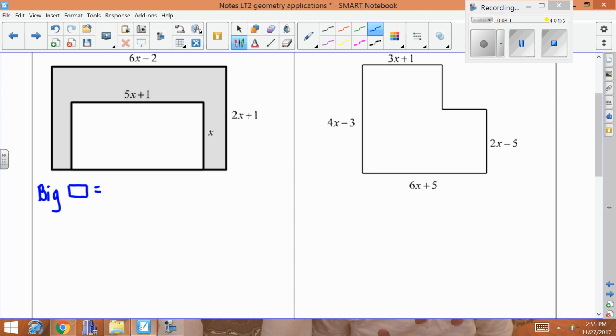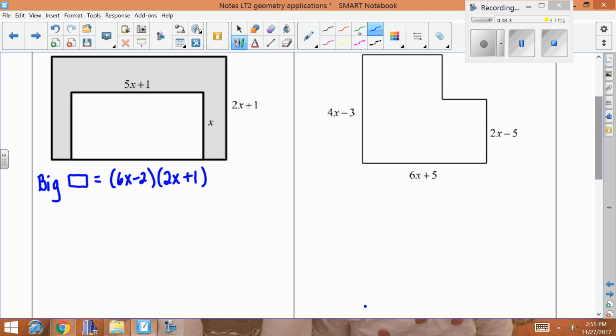The area of the big rectangle is the length times the width, so one side is 6x minus 2, the other side is the 2x plus 1. And then we have to go through and double distribute. So we get 12x squared plus 6x minus 4x minus 2, or 12x squared plus 2x minus 2. So that's our big rectangle.